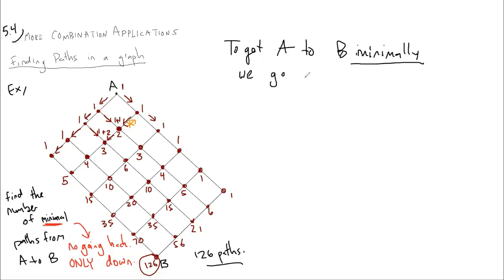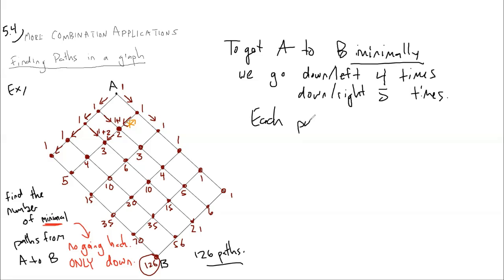So we go down left four times, and down right 5 times. And basically every single path is determined entirely by the arrangements of the lefts and the rights. In fact, determined uniquely.